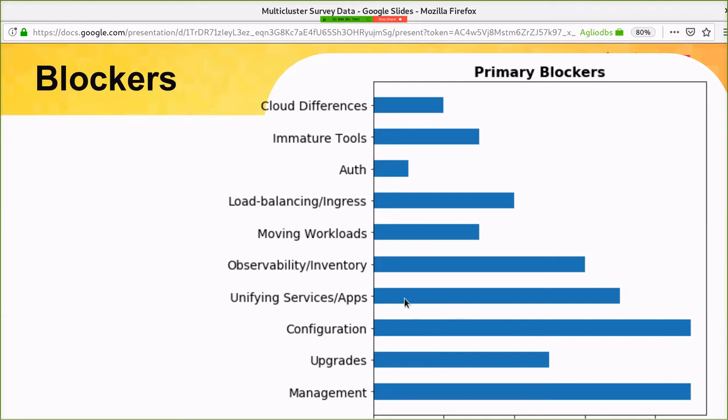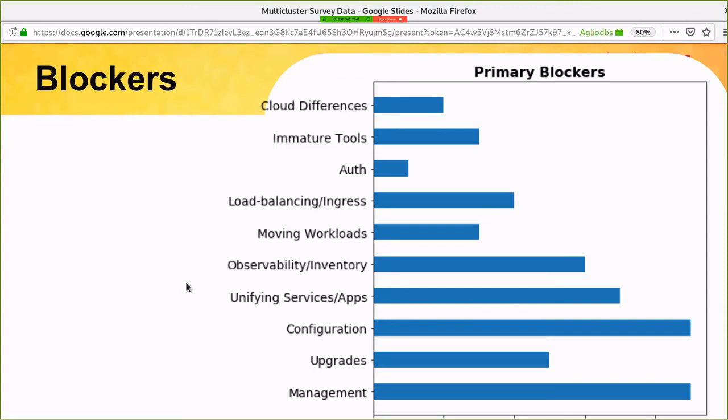Another big one that came up a lot, this isn't necessarily one I would have thought of, not having managed multiple clusters myself since the Kubernetes 0.7 days, is wanting to have a unified service or utility application substrate.